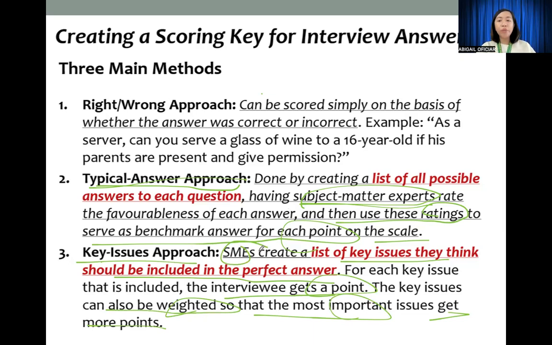They will look into possible issues na tingin nila perfect answer to questions, and then they will come up with scoring keys to these issues, and that will be the appointed weights per each answer.